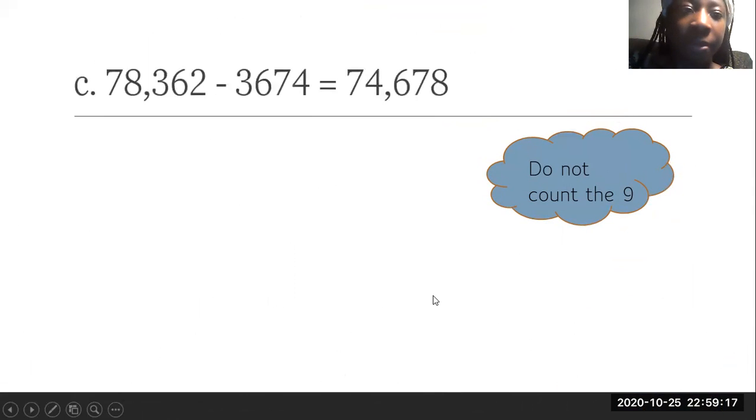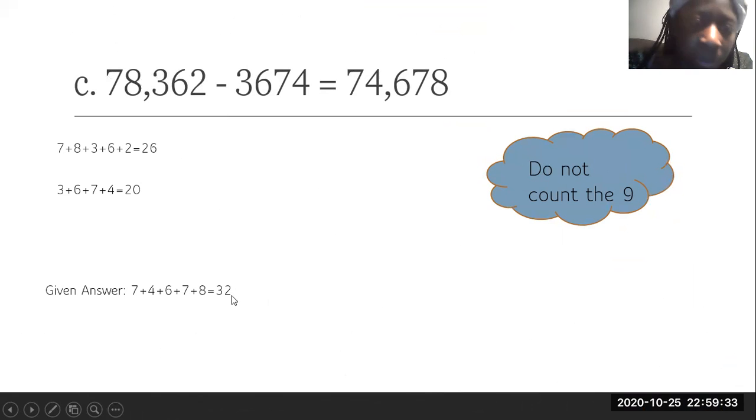As for C, we'll do the same thing over again. So again, let's separate all the digits, and then we'll add it. We'll separate the digits for this, and then we'll add it, which is 26, 20, and then we'll separate our given answer, which will give us 32. So 2 plus 6 is 8, 2 plus 0 is 2, and 3 plus 2 is 5.